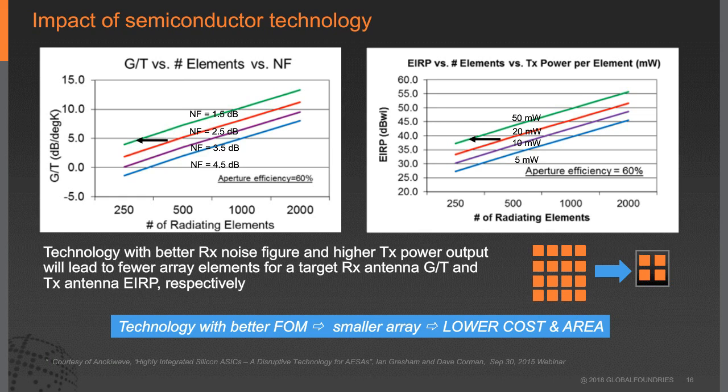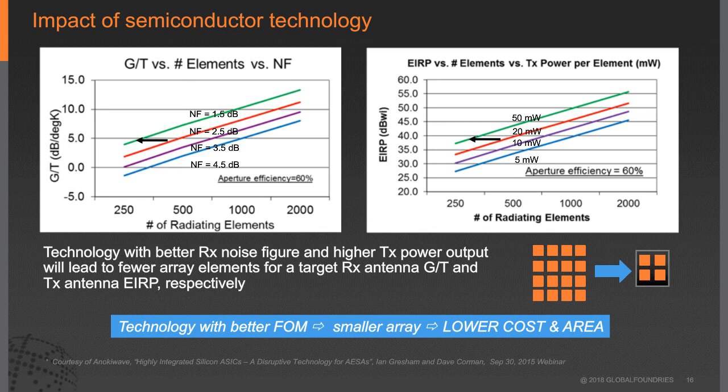So looking at the graph on the left hand side, G by T being the figure of merit, if you want a G by T of 5 and the noise figure of your low noise amplifier in the technology that you're using is 2.5 dB, in that case, you would need 500 radiating elements to achieve the G by T requirement for your system.